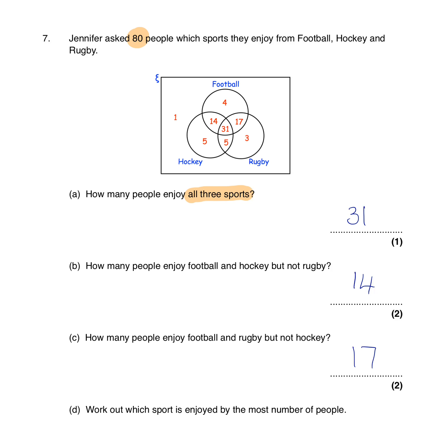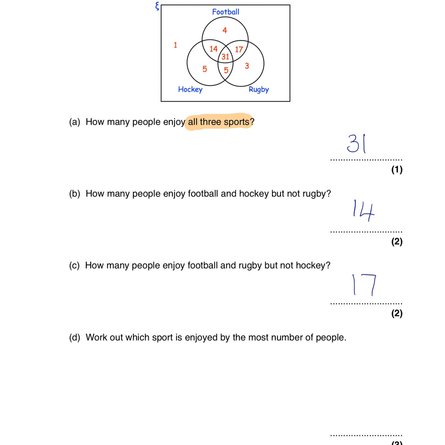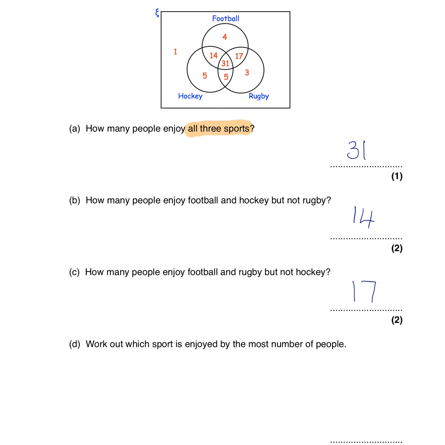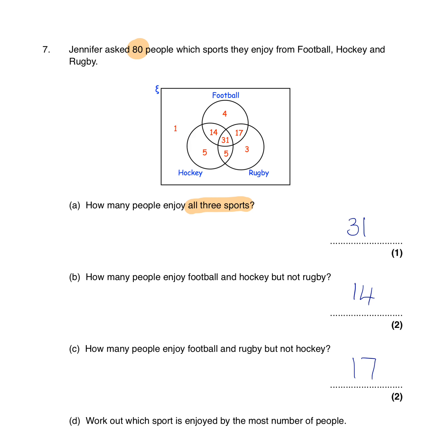Work out which sport is enjoyed by the most number of people for part D. Well, the football circle, this circle here, has 31, 14, 17 and 4 people in it.